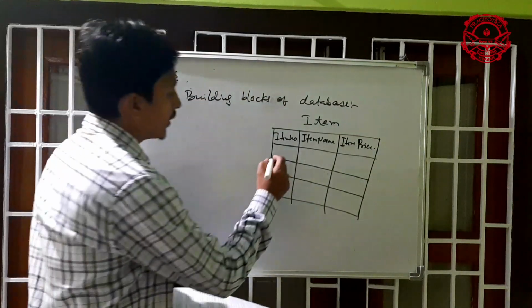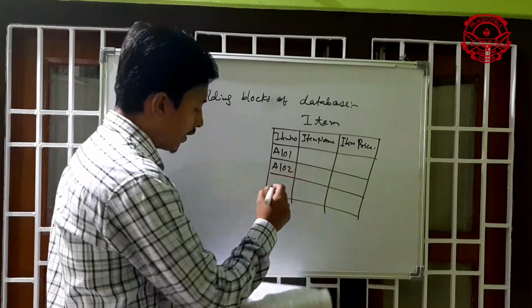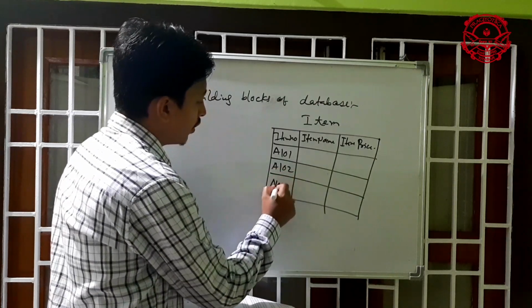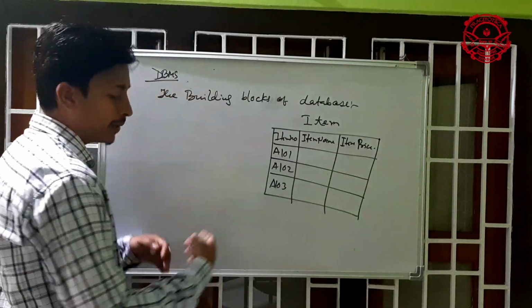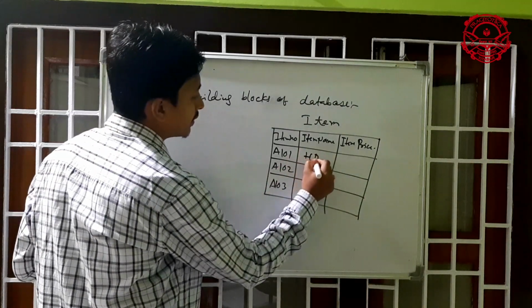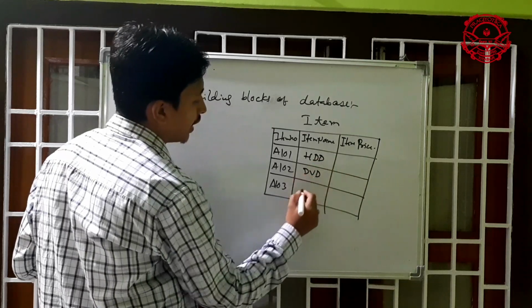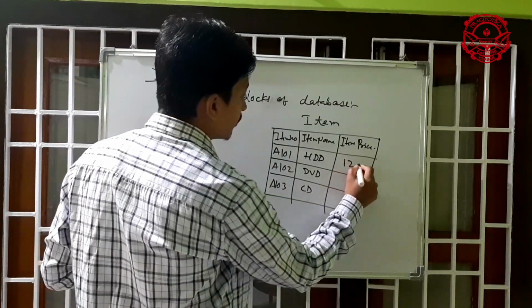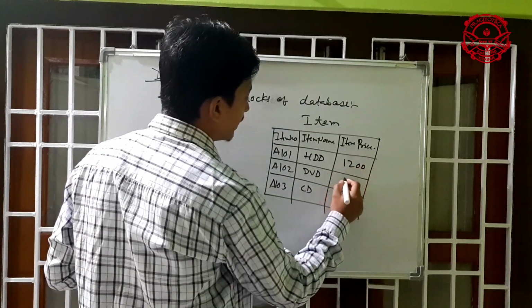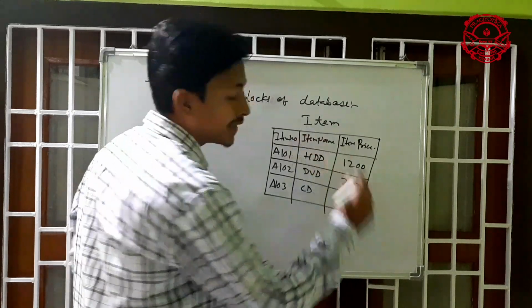In the item number you can see A101, A102, A103, and in the item names you can see hard disk, DVD and CD. Item price: hard disk 1200, DVD 200 and CD 100.